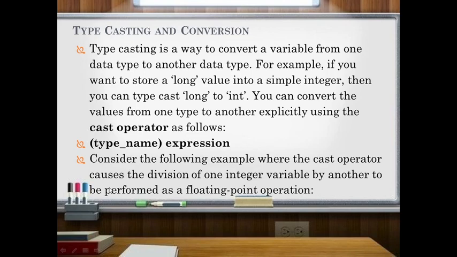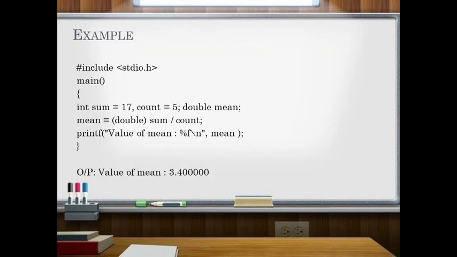Consider the following example, where the cast operation is used when dividing one integer variable by another, performing a floating type operation. Here is one example: #include <stdio.h>, main, sum is equal to 17, count is equal to 5, then double mean, where mean is equal to sum divided by count.